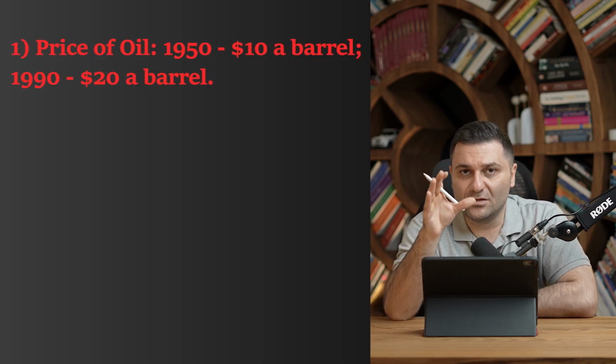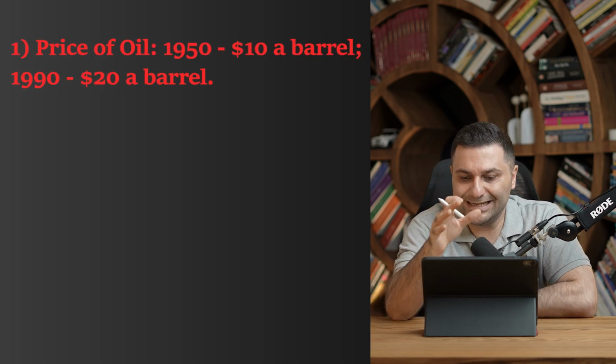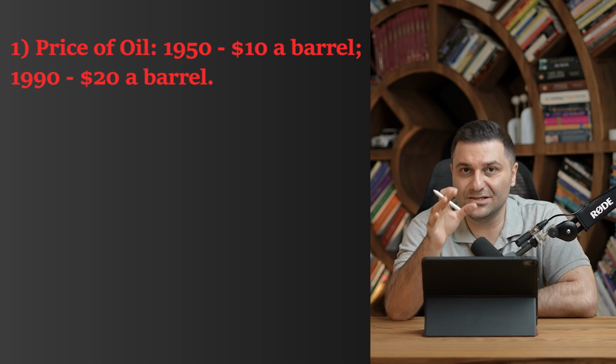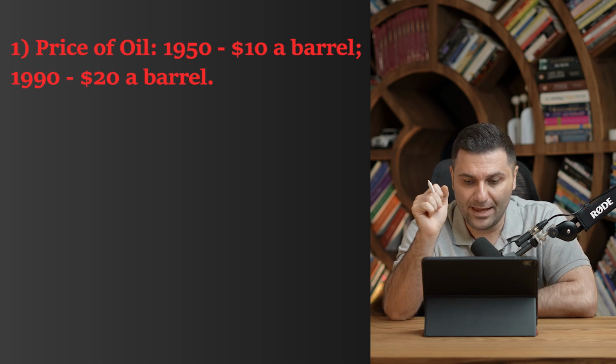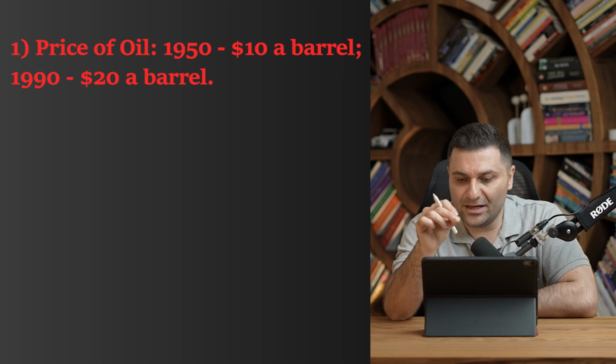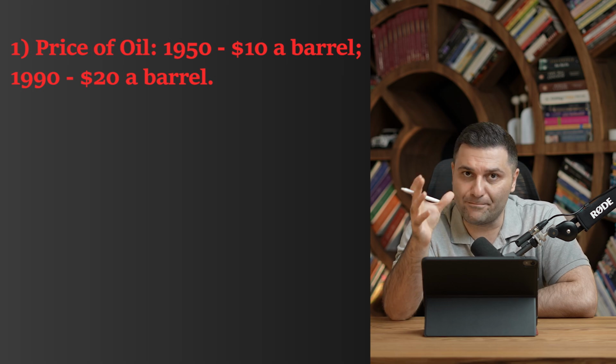Now, I'm going to ask you 4 questions and I'm going to answer them. But first, you will make a sentence in your mind, right? And then we'll work on it. For example, the first question. Imagine that the price of oil in 1950 was $10 a barrel, and in 1990, it was $20 a barrel.